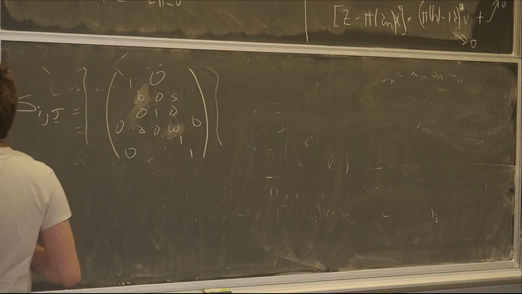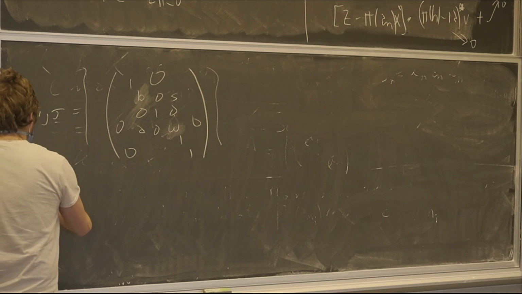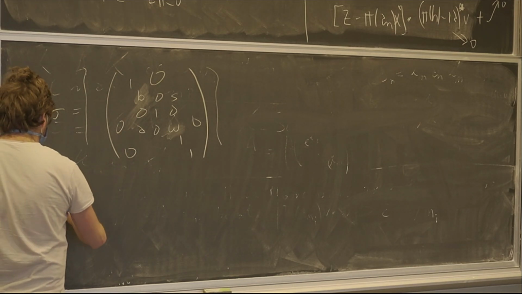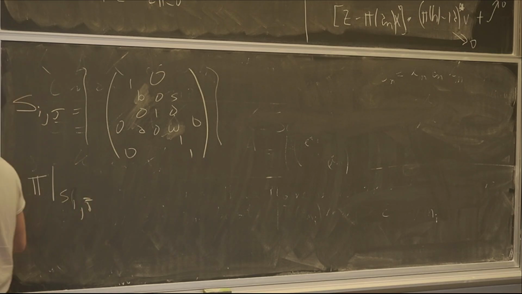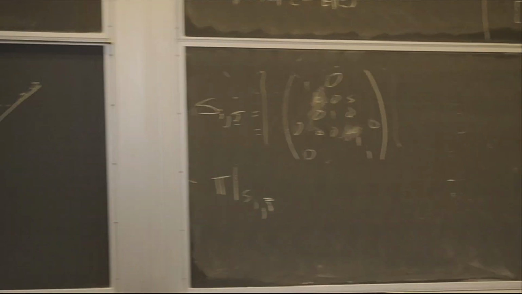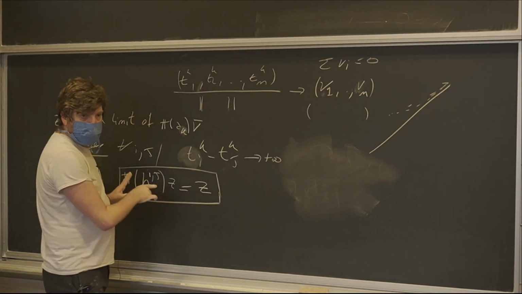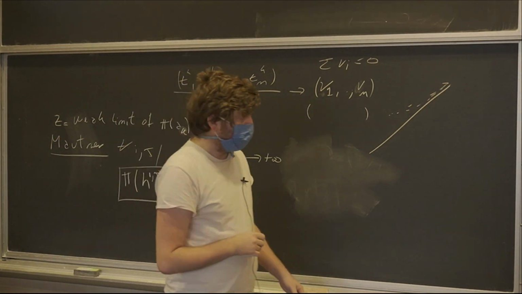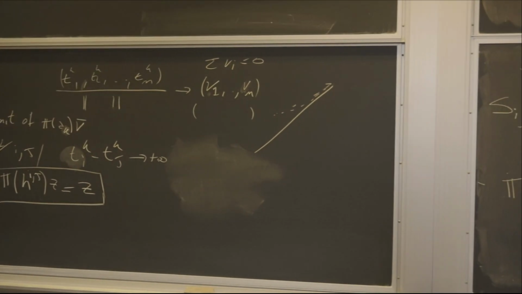And then we look at this copy of SL2. We restrict our representation pi to this copy of SL2, and we notice, so we already applied Mautner to the whole theory, and we won this invariance. So when I restrict to this copy, I get that pi of this entry.